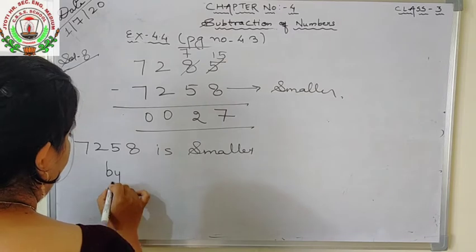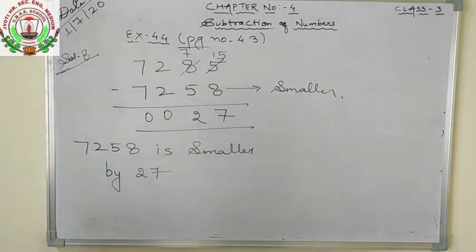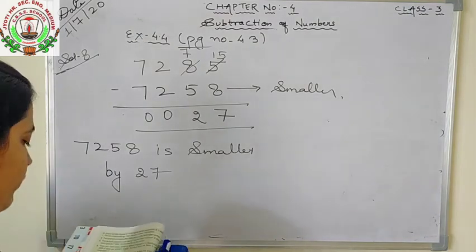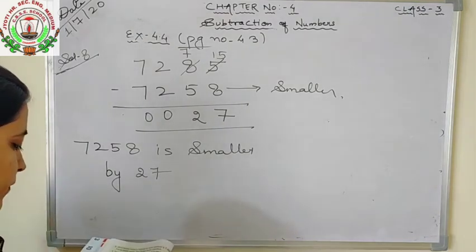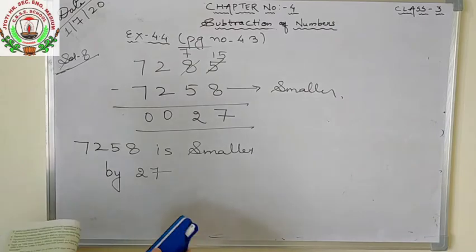By 27. Okay. 7258 is smaller by 27. In this way you have to solve the question. Now next question is question number 9.